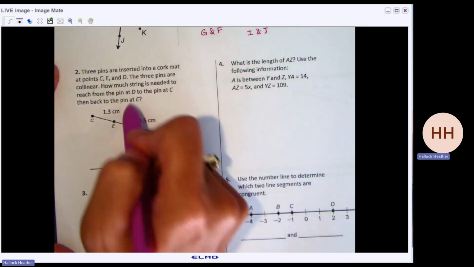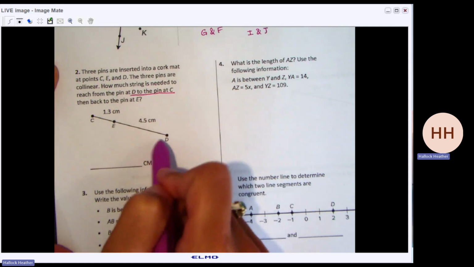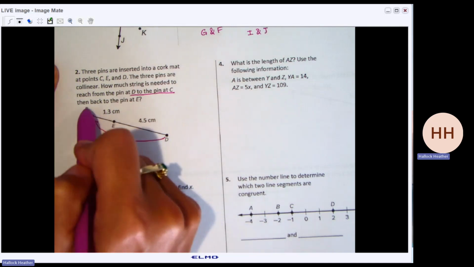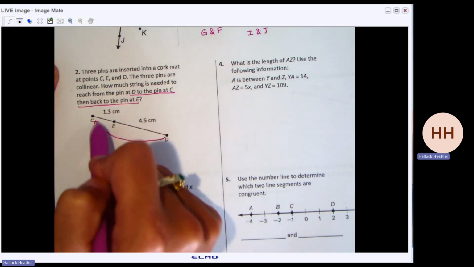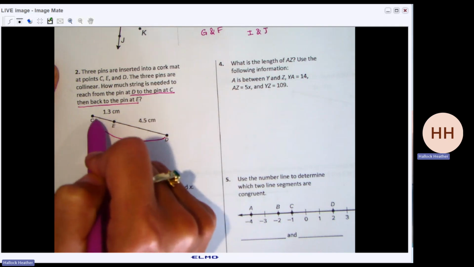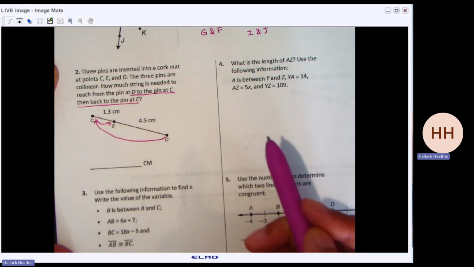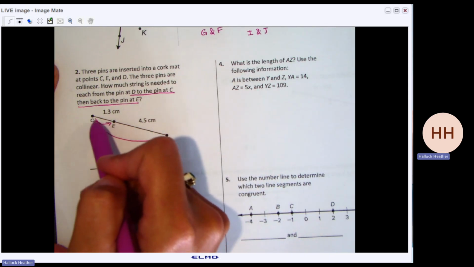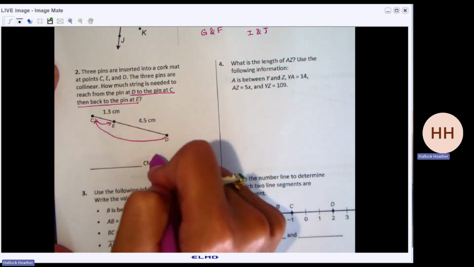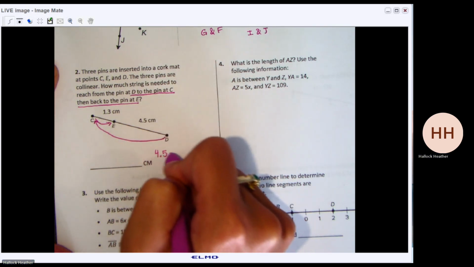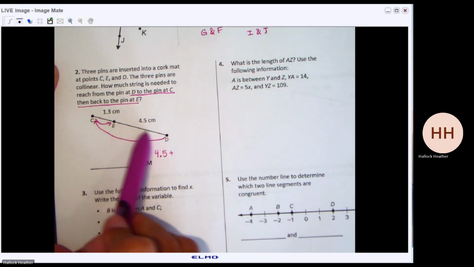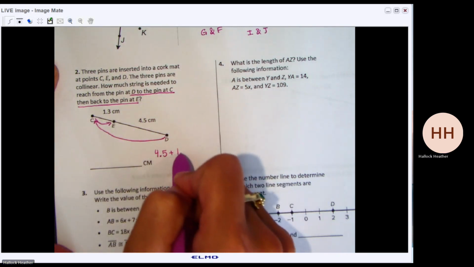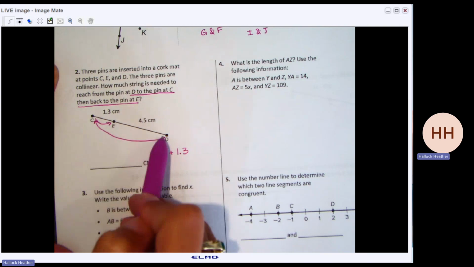So I'm starting at D, I'm going to C. If I draw a line starting at D going to C, I'm also going back to pin E. So I'm starting here, going to C, and then I'm ending back at E. What we're doing is adding the entire length of the segment, and then also adding in this little portion. So I can write 4.5, because this is 4.5, plus 1.3, because I'm going all the way, and that represents the entire length.